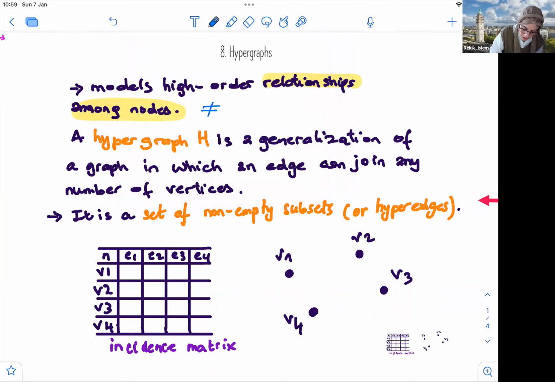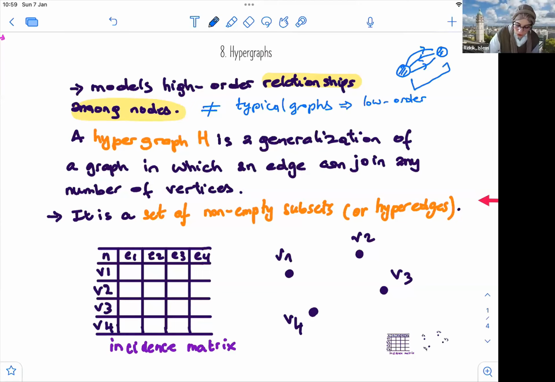So this is different from typical graphs that model low order relationships. So a low order relationship means that you have two nodes and all that you care about is the relationship between these two, whether they're connected via one edge or multiple edges or multiple directional edges, etc. Okay, so this is still low level because you're only looking or zooming.